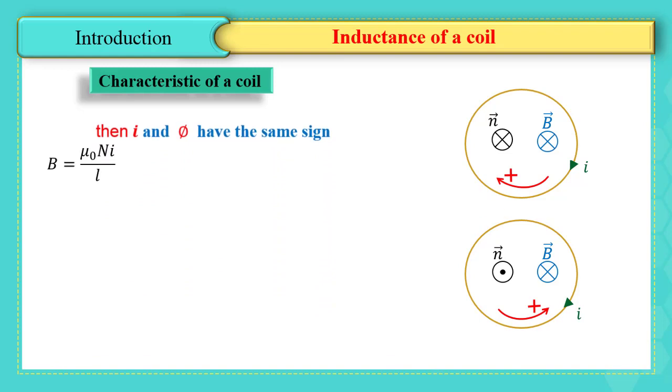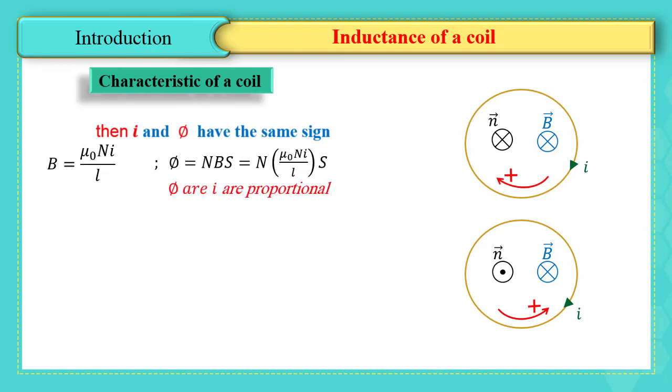And B, the magnetic field created by the current traversing the coil, is equal to mu0 N i over L, where mu0 is a constant, N represents the number of turns of the coil, L the length of the coil, and i represents the magnitude of the current traversing the coil.